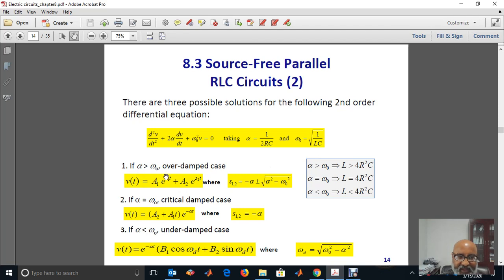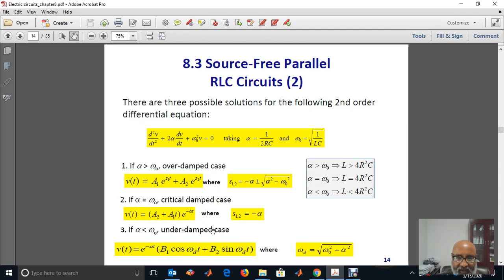If alpha is greater than omega naught, it is the overdamped case, and we will have two different roots, and the solution is A1 e to the power of s1t plus A2 e to the power of s2t. If alpha is equal to omega naught, we have the critically damped case, and the solution is given by this. And if alpha is less than omega naught, it is the underdamped case, and the solution is given by this equation.